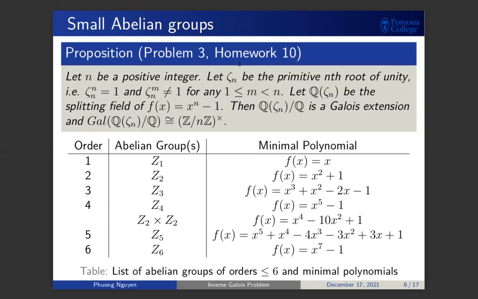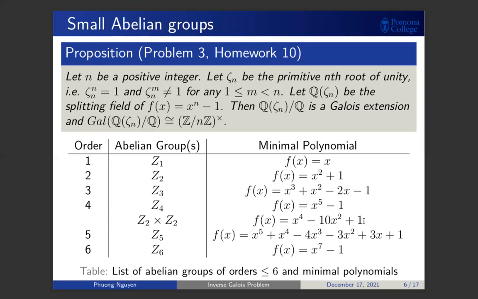And then the proposition that I've shown above is useful in the case of the abelian group of order 4. So we see f(x) is x^5 minus 1, and then of order 6, as we can see in this polynomial. We have proven in problem 2, homework 9, that the minimal polynomial for the abelian group of order 3 is f(x) equals x^3 plus x^2 minus 2x minus 1.